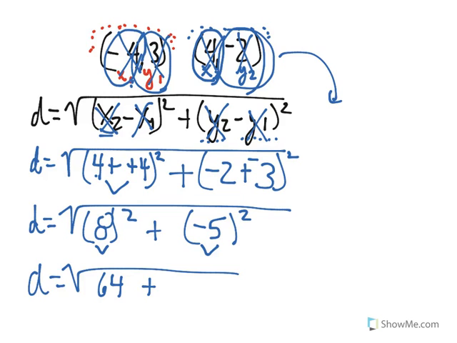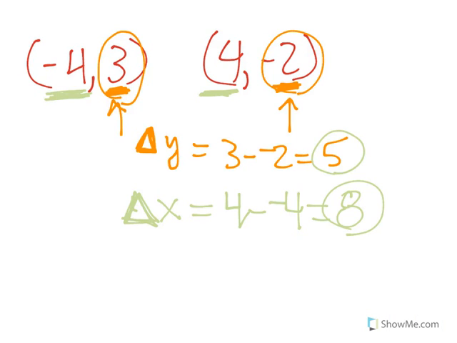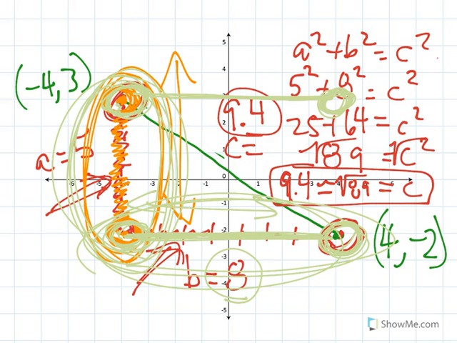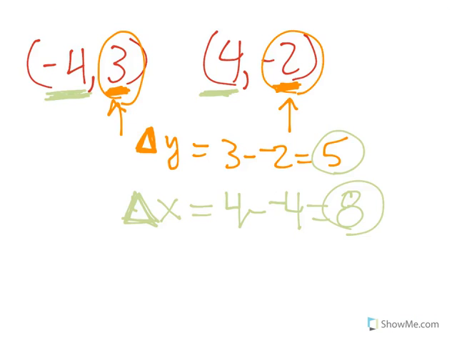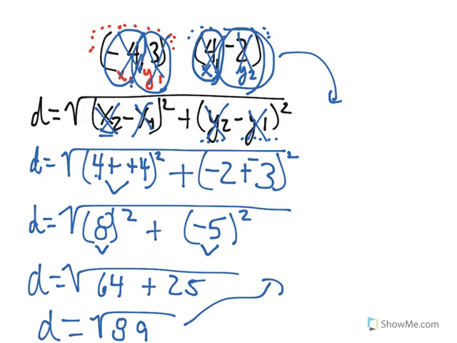Now think about this. -5 squared, -5 times -5, 25. D equals square root of 89. And I have to look back, see what we said that was. That was 9.4. So D is equal to a distance of 9.4.